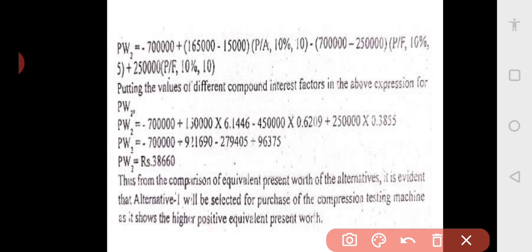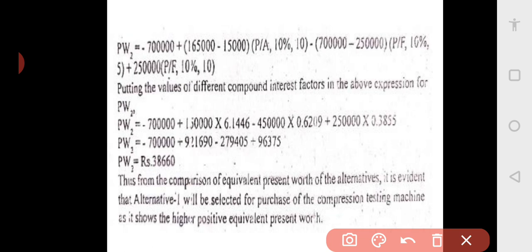So again I will repeat. Putting the values of different compound interest factors in the above expression for the present worth for equipment 2, we get present worth 2 is equal to minus 7 lakhs initial cost, plus 1,50,000 rupees what we are getting every year, because it is inflow, into the factor 6.1446, then plus 2,50,000 what I am going to get by selling the first equipment, minus 7 lakhs what I am going to invest after 5 years to buy this equipment.